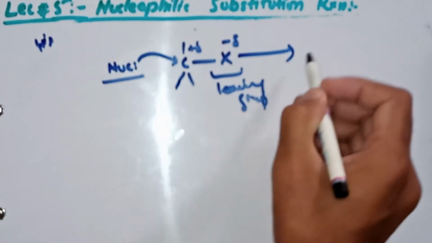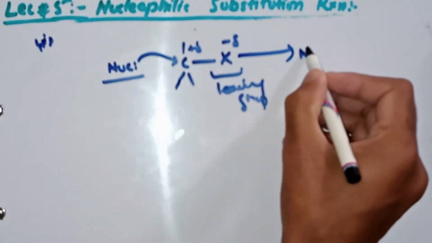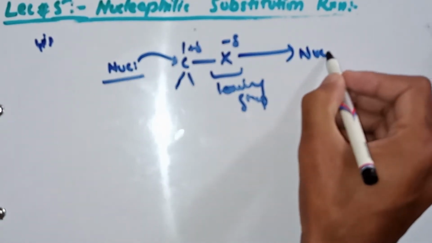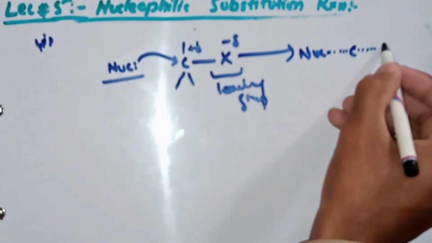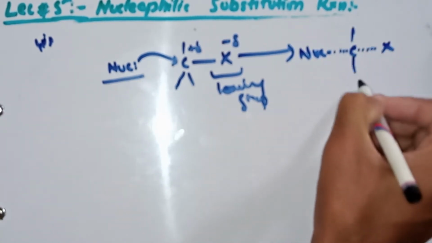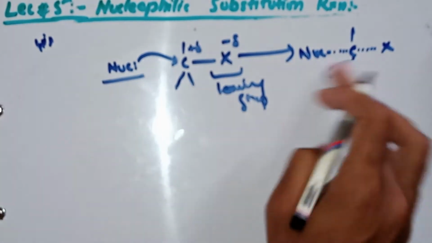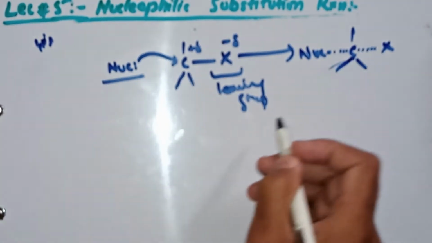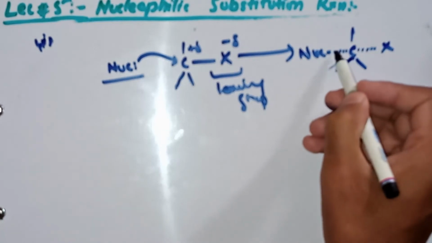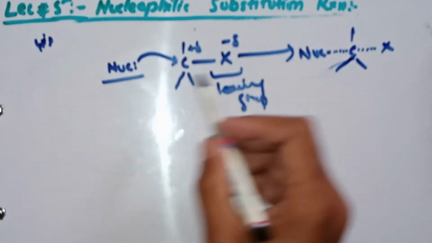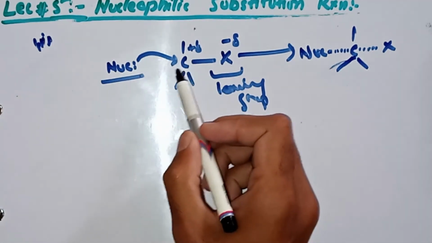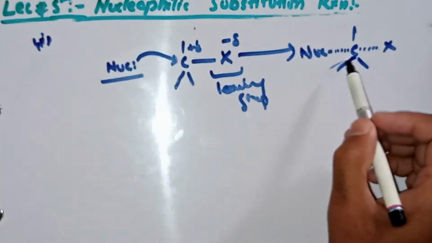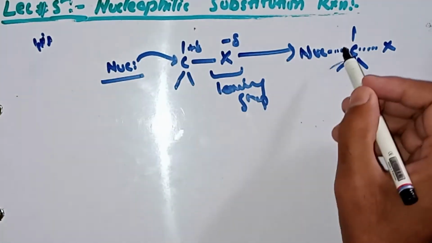After the transition state is established, it can be written like that. Here, the nucleophile is partially donating a lone pair of electrons to the carbon.